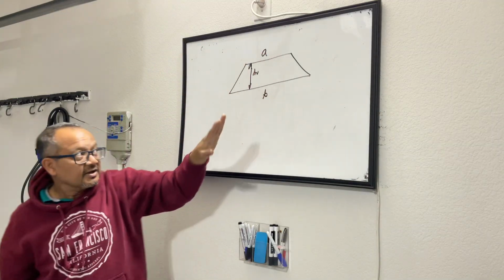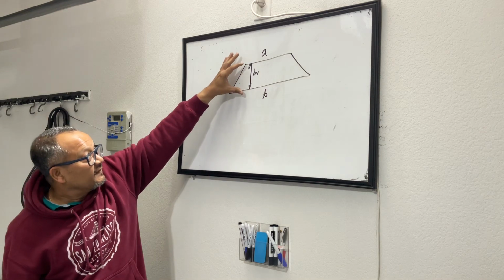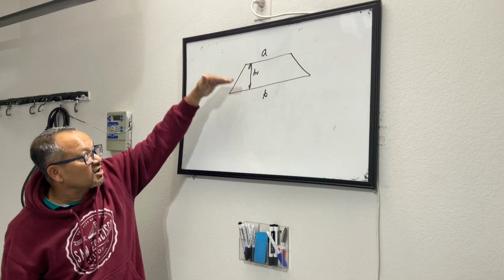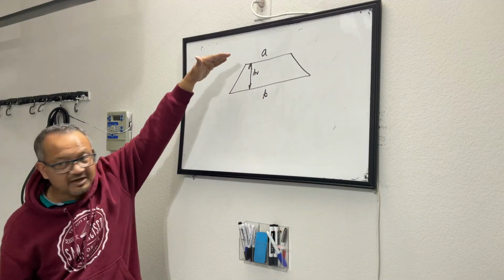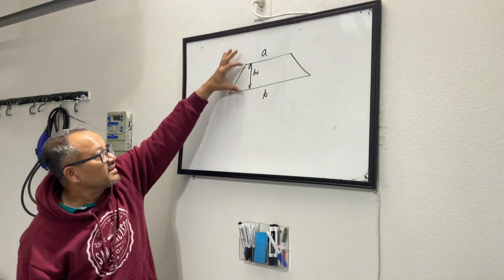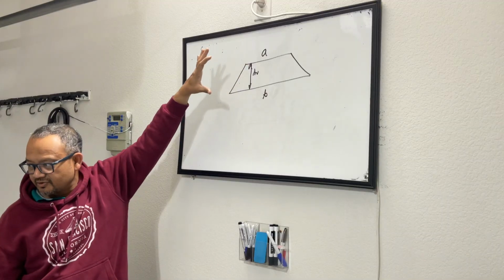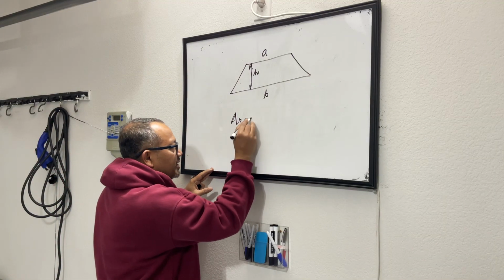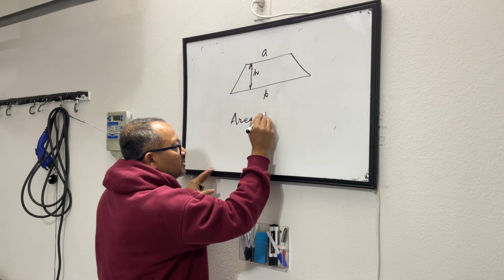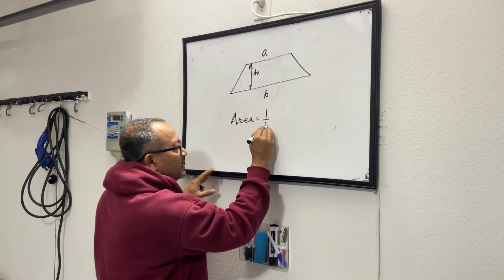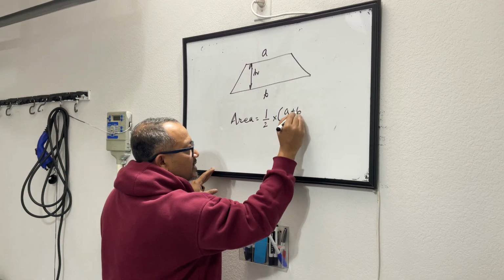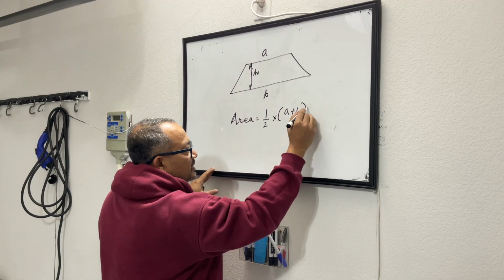So, if I'm talking about a trapezoid having one pair of parallel lines, I'm talking about these two sides being known to us, and then the perpendicular distance between the two. The area of a trapezoid is equal to half into A plus B times the height.